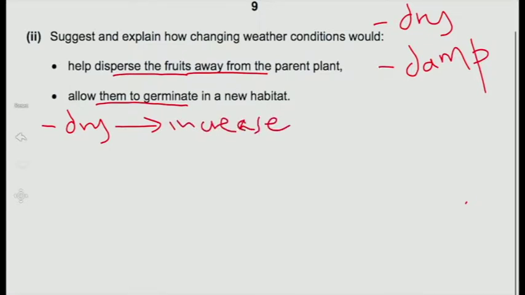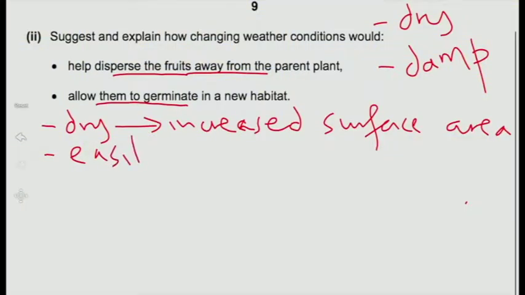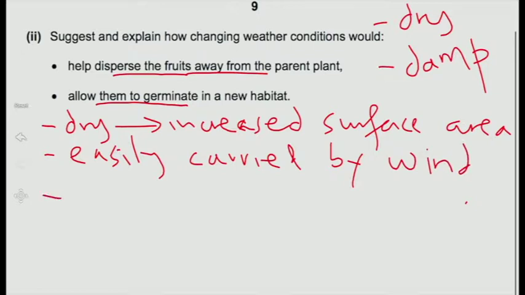It's spreading out, right? It has spread out. So there's more surface area, increased surface area. If the surface area is increased, then it will easily be carried away by the wind. That is the dispersal, easily carried away by wind, which is the wind dispersal, because it is dry.